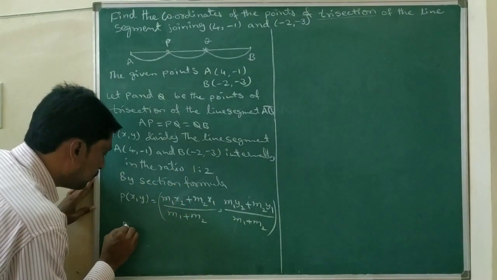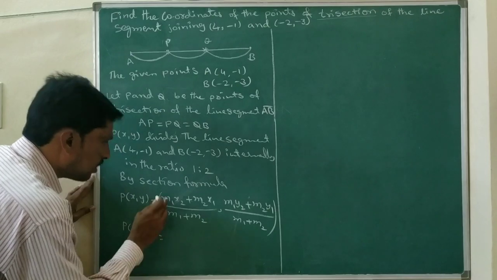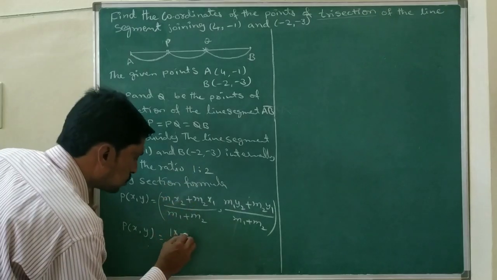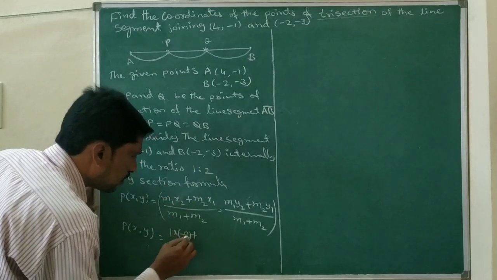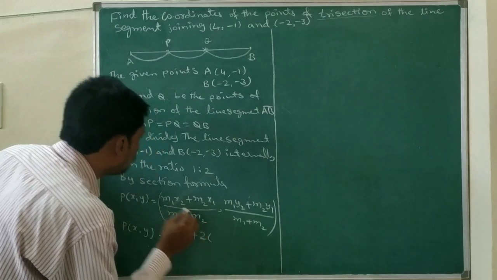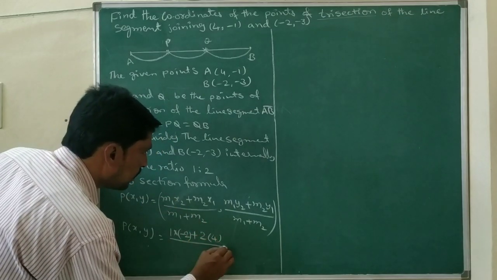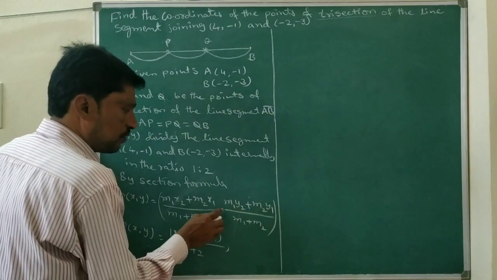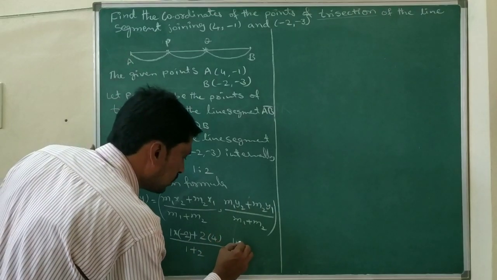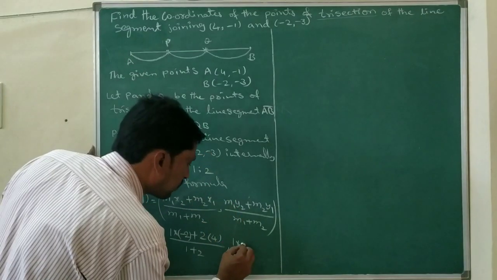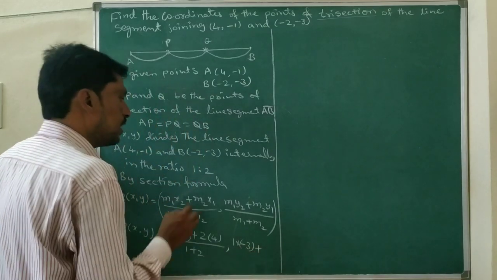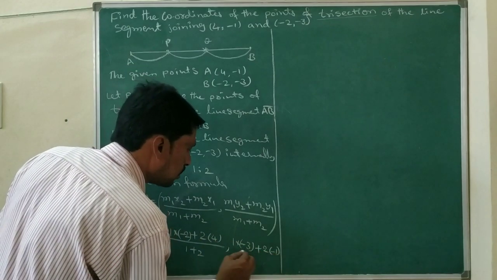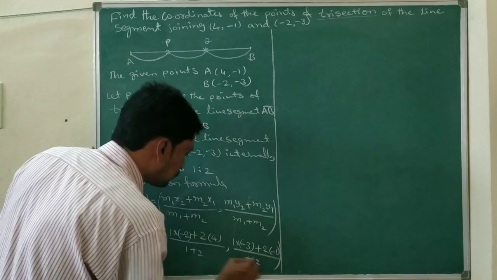So now P(x, y) equals m1, which is 1, into x2, which is -2, plus m2, which is 2, into x1, which is 4, by 1 plus 2. Comma, m1 which is 1 into y2, which is -3, plus m2 which is 2 into y1, which is -1, by 1 plus 2.